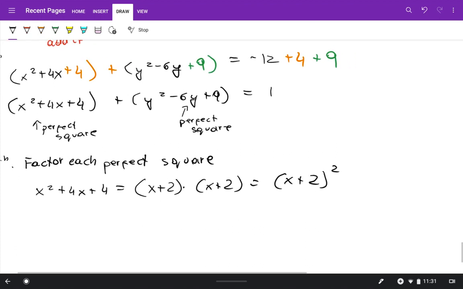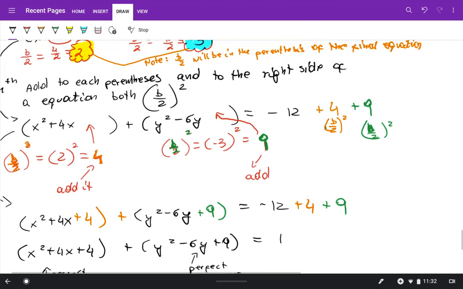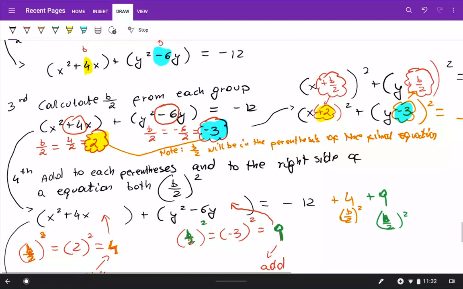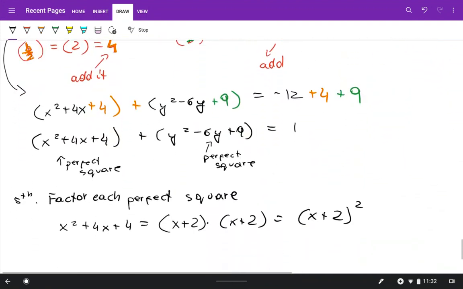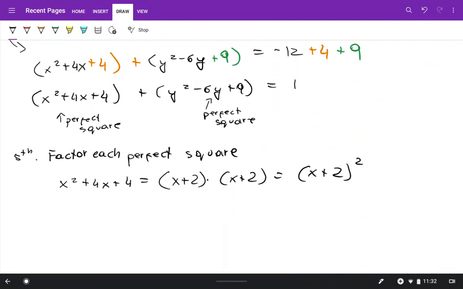But look what happened. Do you remember step 3, when I told you that b over 2 will always be in parentheses? I already know how that algorithm works: when you factor that perfect square, that number right here is always b over 2.